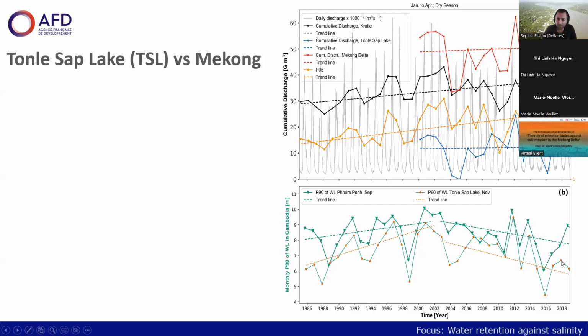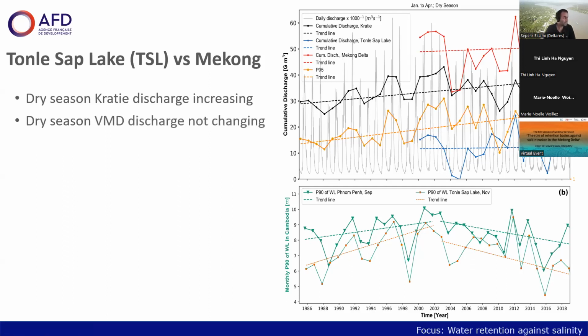This declining trend of water level from upstream, not necessarily discharge, but water level, is mainly driven by upstream dams. It has resulted in smaller storage in the Tonle Sap Lake, and hence less supply of water to the Mekong Delta.